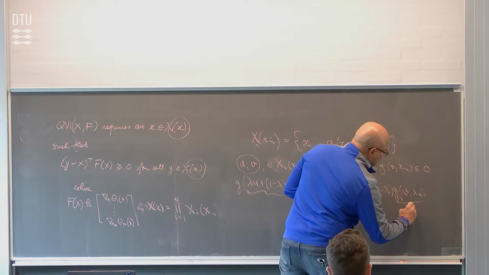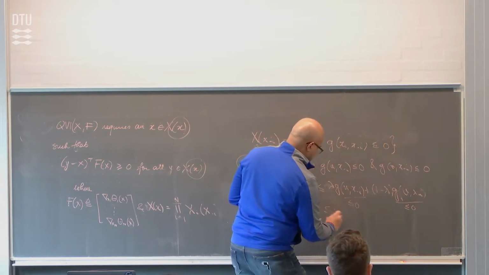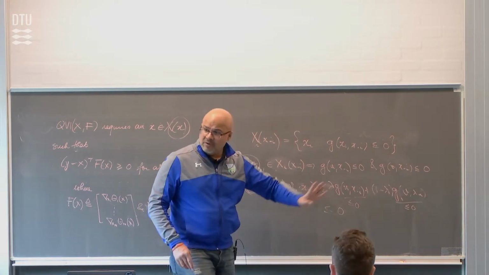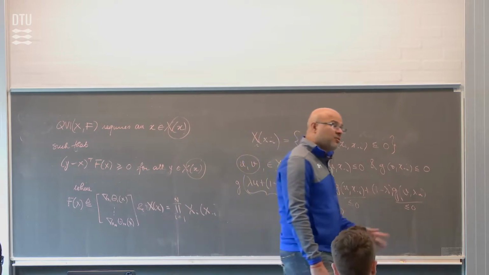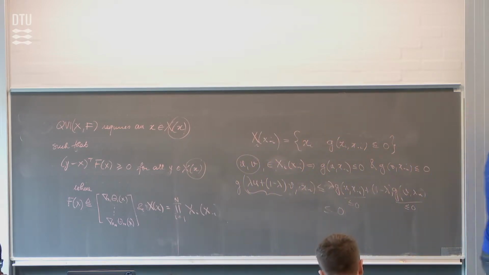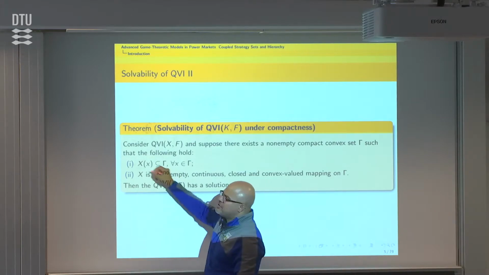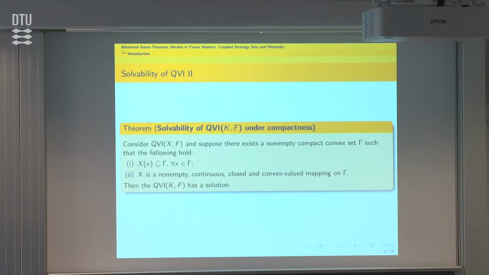Each of these is less than or equal to 0, right? Which implies that the whole thing is going to be less than or equal to 0. Okay, but we're not done. We have to first show that this is convex. Then we have to show that suppose the overall set X lies in some compact set, for all x in that set, I need to show that this image lies in that same set. So you'll just have to explicitly show a bound.